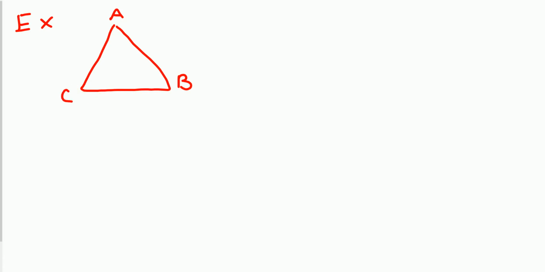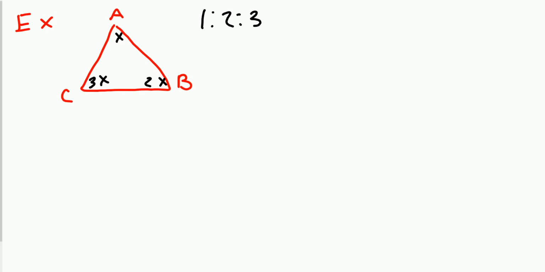Okay, and in this triangle we're going to say the ratio of the angles is 1 to 2 to 3. That just means that we'll say that A is x, then B would be 2x, and C would be 3x. Okay, they're a 1, 2, 3 ratio.